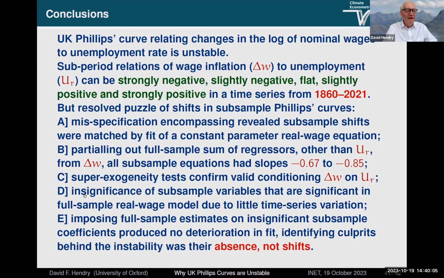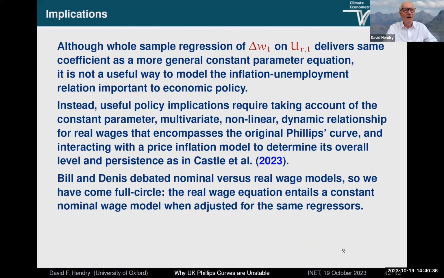Then what we find is the insignificance of subsample variables that are significant in the full sample real wage model due to little time series variation. And that is clearly what's explaining the shifts, because if we impose the full sample estimates on these insignificant subsample coefficients, we get no deterioration in fit, and we identify the culprits behind the instability as the absence of significance of these variables, not shifts in other variables.